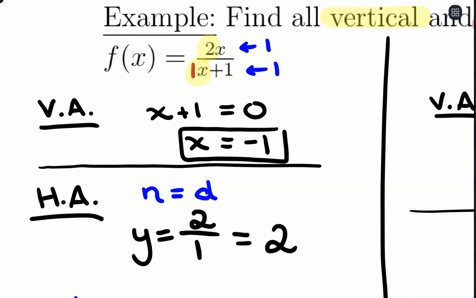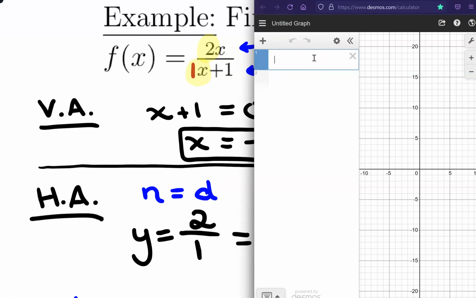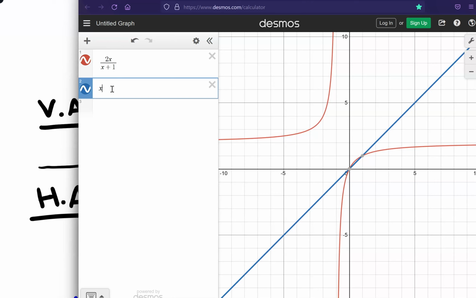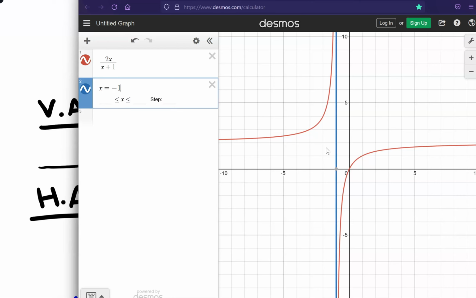So we're seeing a horizontal asymptote at y equals positive 2. Let's take a look at that graph in Desmos so that we can see how these pieces come together. So 2x over x plus 1. If we look at this graph, our vertical asymptote was at x equals -1, so I can even graph that line, x equals -1.